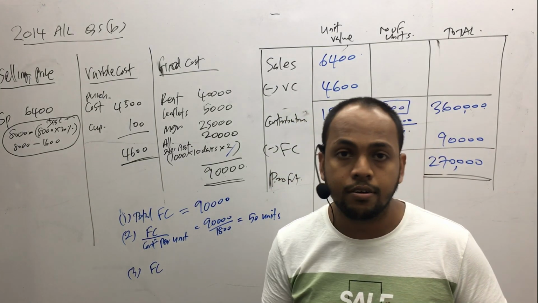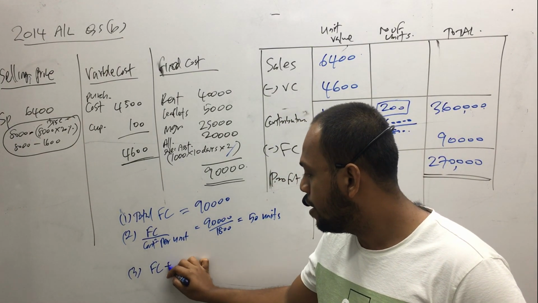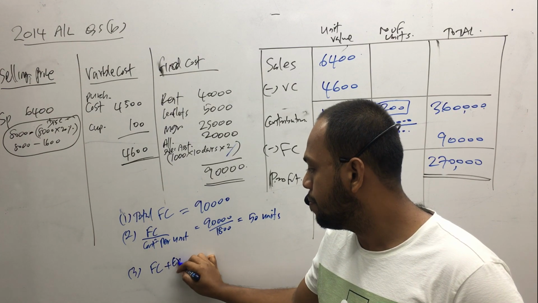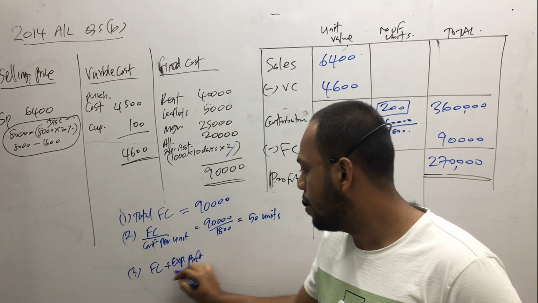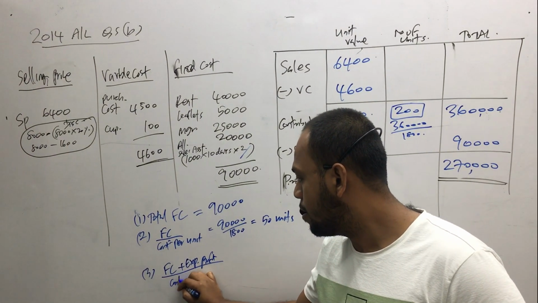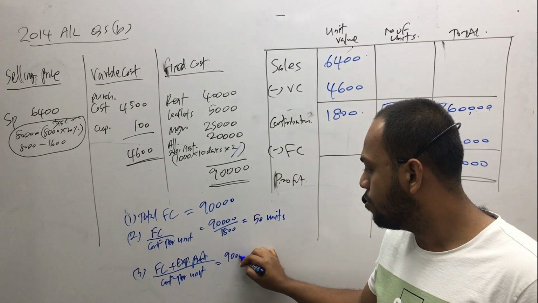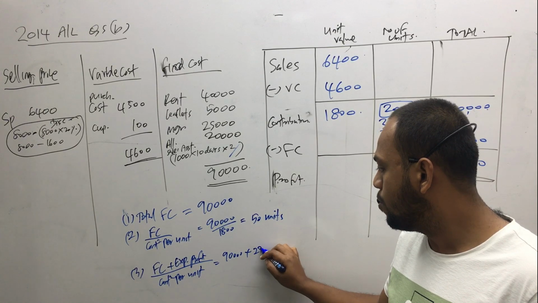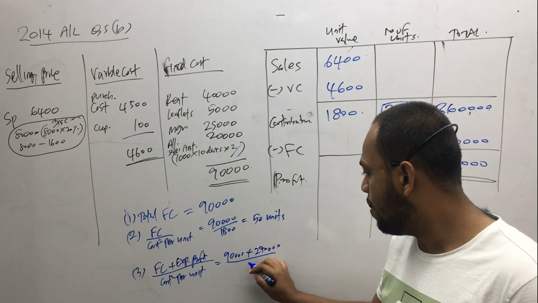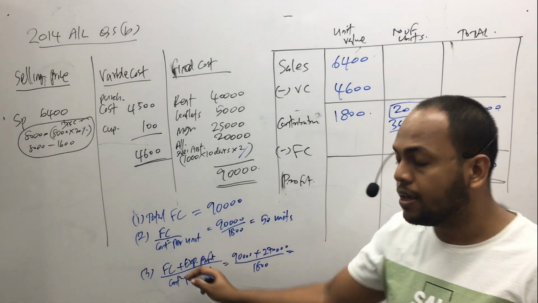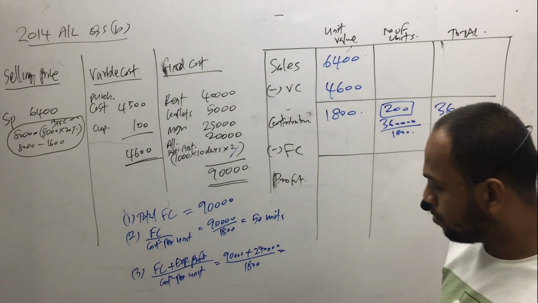So how do you calculate to have an expected profit? Fixed cost plus expected profit divided by contribution per unit. So 90,000 plus 270,000 divided by 1,800. This is the equation, right? 1,800.